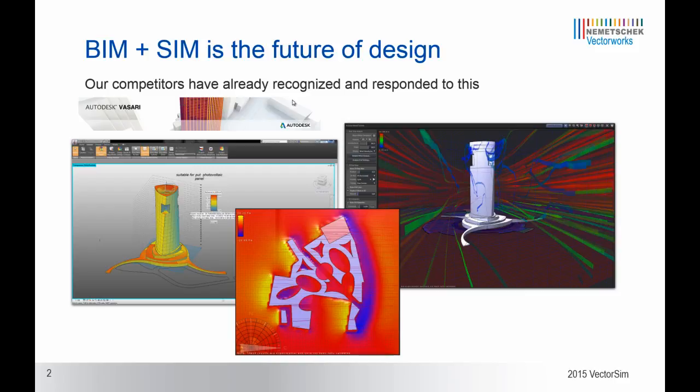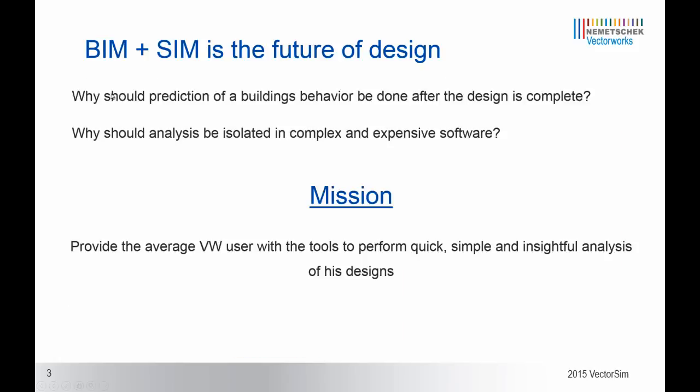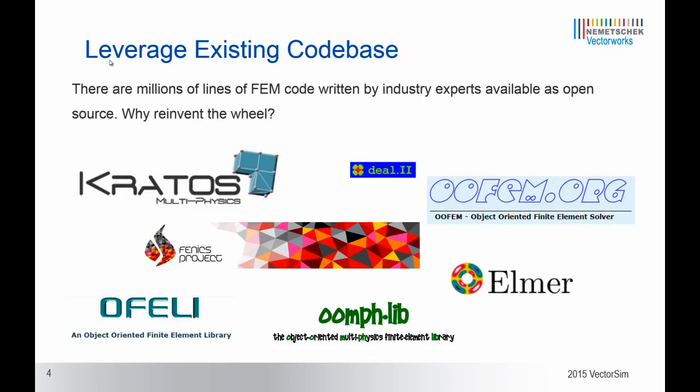And I wanted to point out that our competitors have already started to include these features as well. So this was sort of my mission statement for my presentation last year. So what I did this year is I decided to do some prototyping.